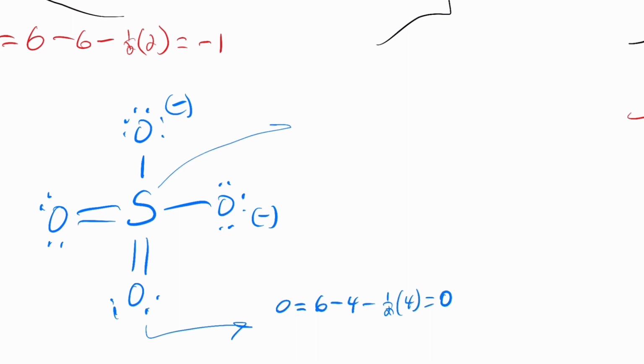Well, what about sulfur? With all that stuff going on, you've got to be thinking, what's up with the sulfur? All right, sulfur brings in 6 electrons initially. We're going to subtract the number of lone pairs, which we have none on this sulfur. And then we're going to subtract 1/2 of the bonding electrons.